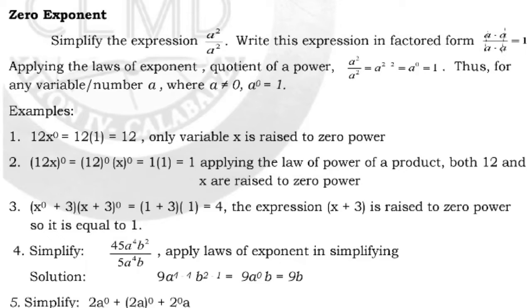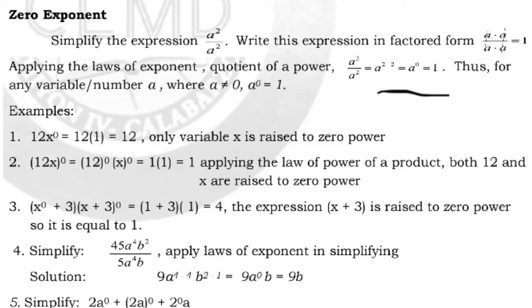So we can have a to the power of 0. In here we have a squared over a squared is equal to a to the power of 0. And a while ago we have solved that the solution for a squared over a squared is 1. So in here we can say that a to the power of 0 is equal to 1.